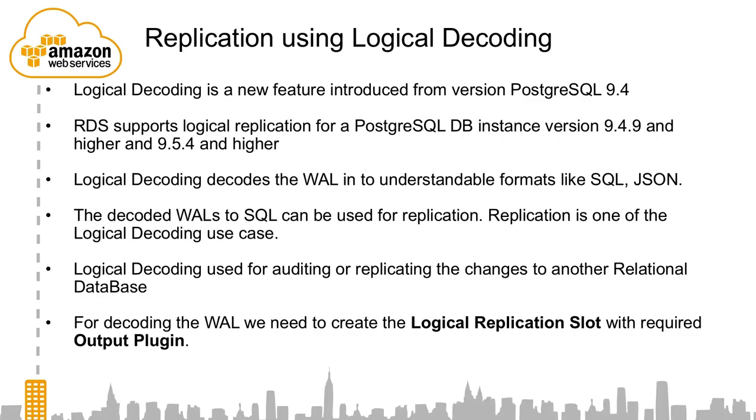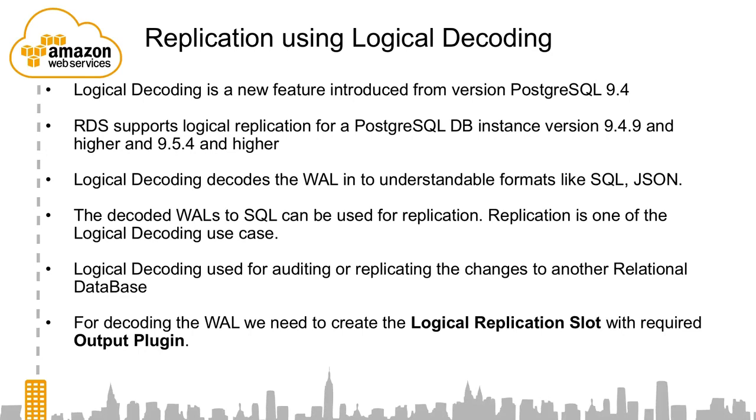Replication using logical decoding. Logical decoding is a new feature introduced from version 9.4. RDS started supporting logical decoding from 9.4.9 and 9.5.4 and above. Logical decoding works by converting the WAL logs into an understandable format like SQL or JSON format.